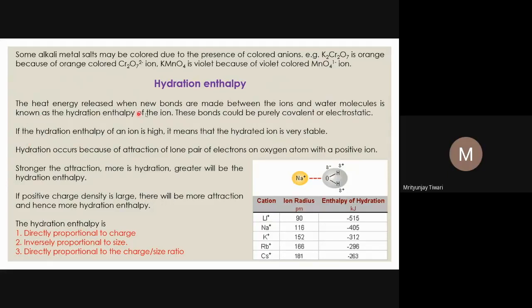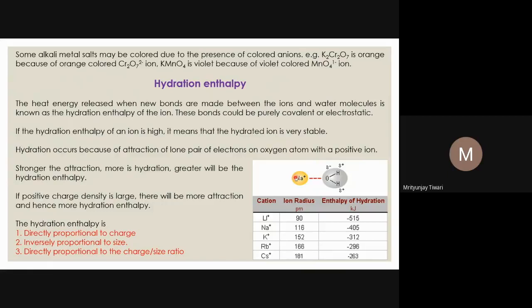So the heat energy is released when new bonds are made. These new bonds could be covalent, like in the case of aluminium 3 plus. When we define hydration energy, it is not only for the alkali metals, but also for ions like aluminium 3 plus. Its distance is 1.61 angstrom, but you don't have to remember these distances; just understand the trend.